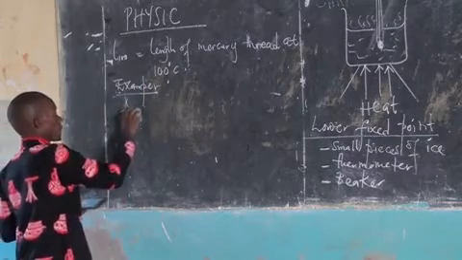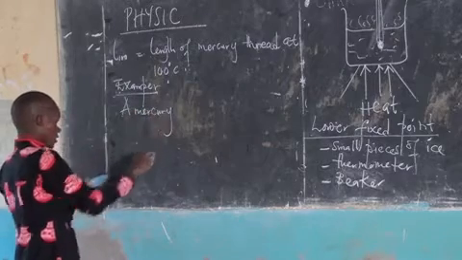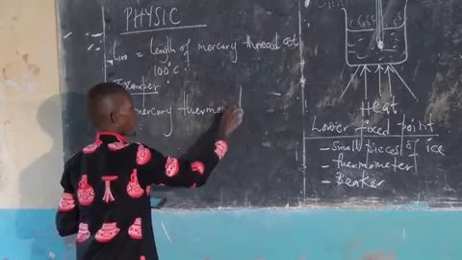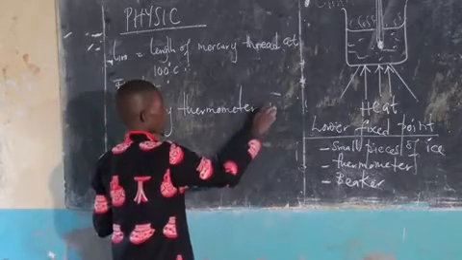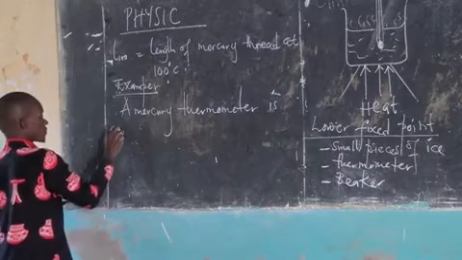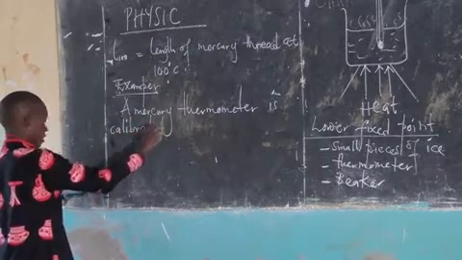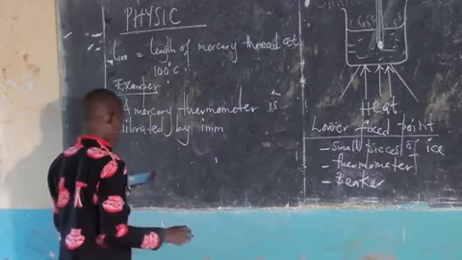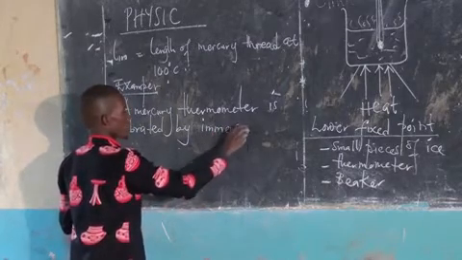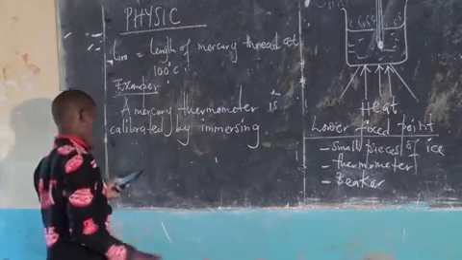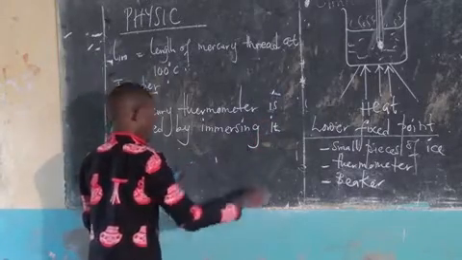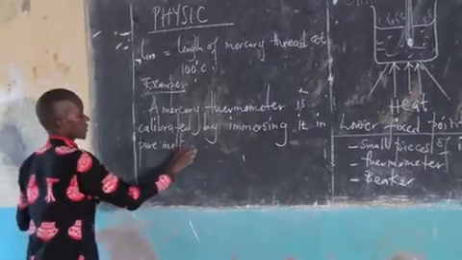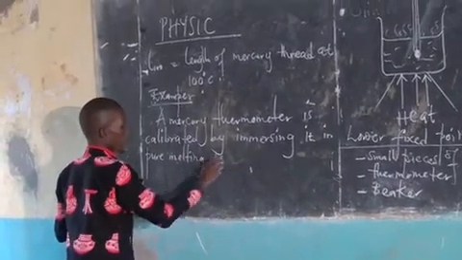A mercury thermometer is calibrated by immersing it in pure melting ice, and then in steam above boiling pure water.